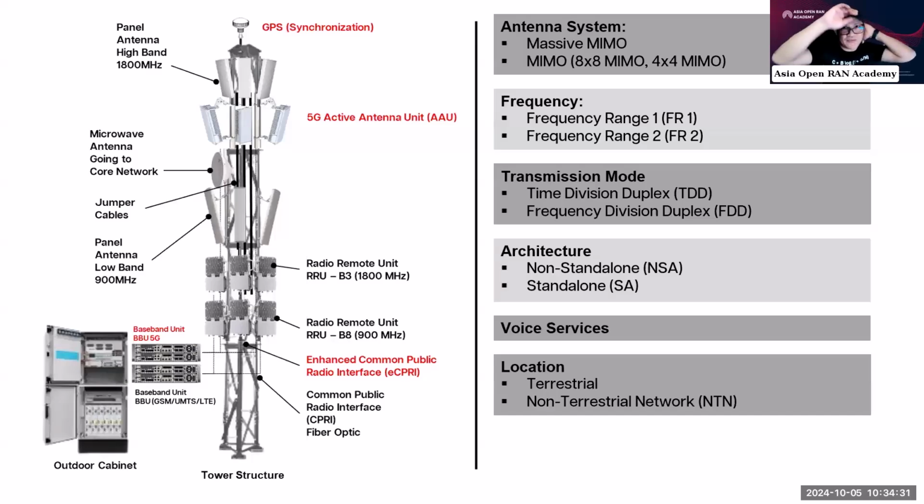Okay, so we have voice services and then we have the location. There are 5G networks located on the surface of the Earth and there are 5G networks located spaceborne, flying. We call it the terrestrial and the non-terrestrial network. You already know terrestrial, we discussed it. Anything that is on the ground is terrestrial.